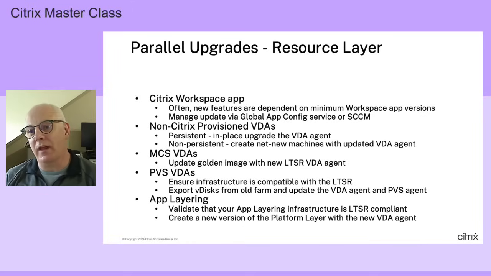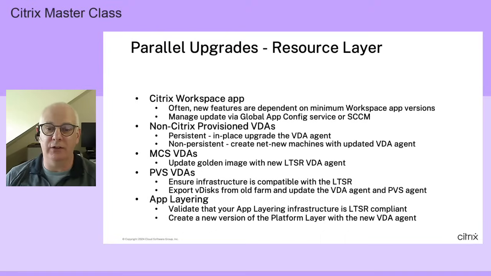Now, this can either be done through the Global App Configuration Service, which is part of Citrix Cloud, and it can actually be used without having a cloud subscription. You can just set everything up again. This will be covered in our docs. Or you have something like SCCM to do this rollout for you.